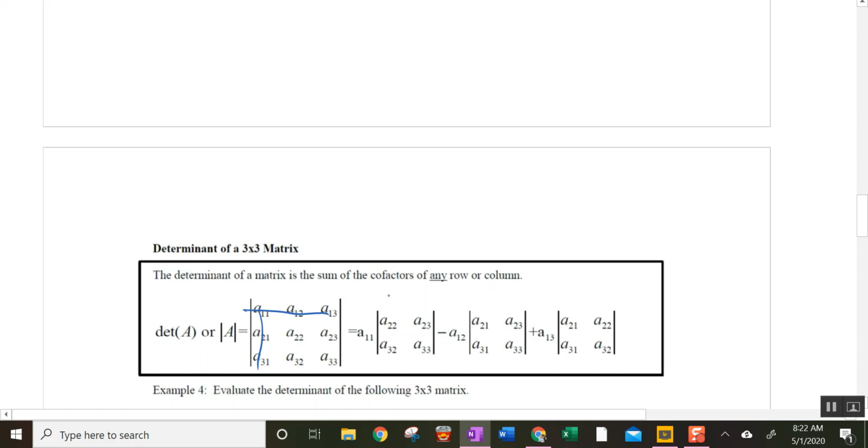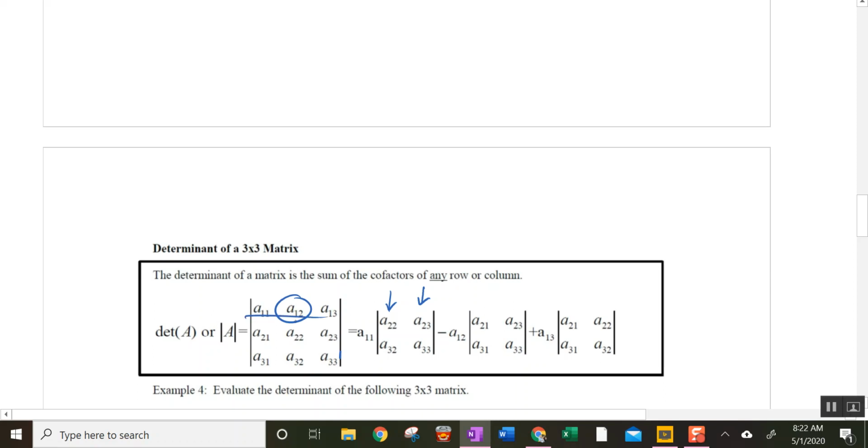If you look at the values here in our 2 by 2 determinant, we're simply going to multiply that value, A11, or the entry in row 1, column 1, times the determinant of that 2 by 2. And then we're going to do the next one.